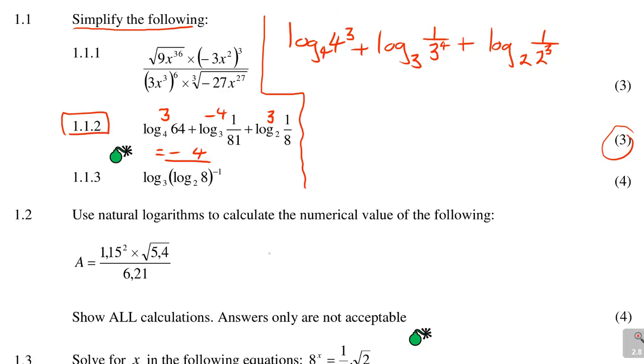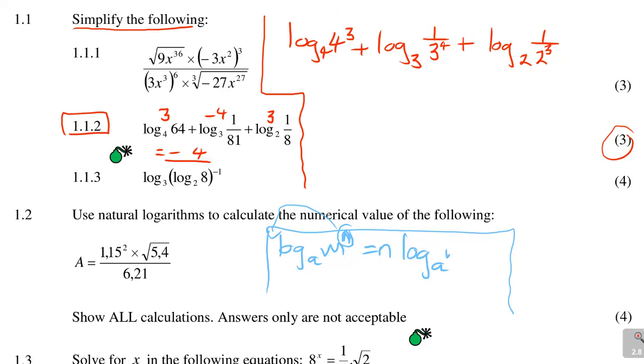So the law says, if I'm given log in base a, and then I have got m to the power of n, see that? Now this particular n will go down to become n log base a of m.